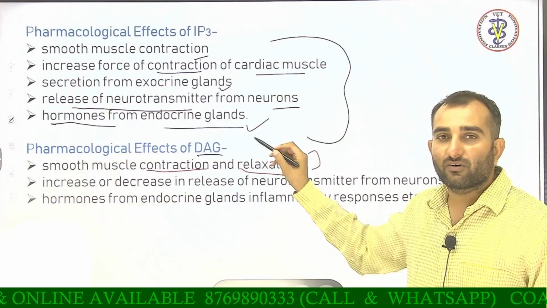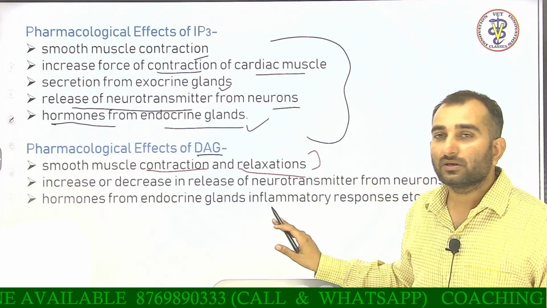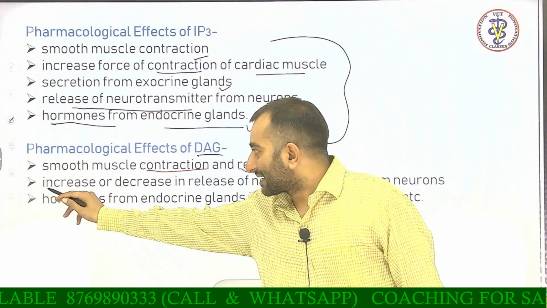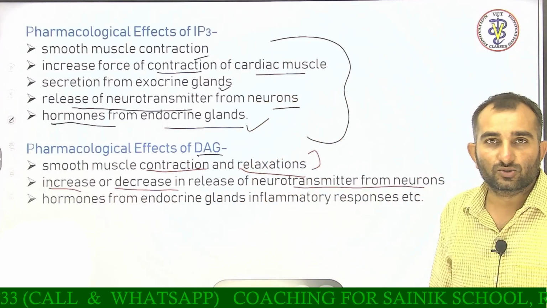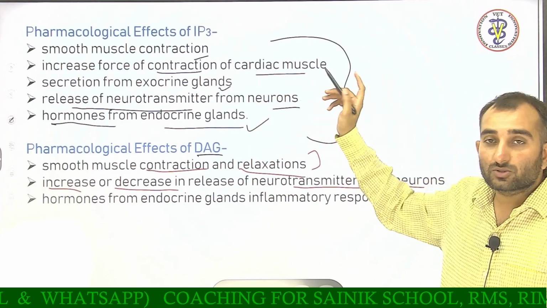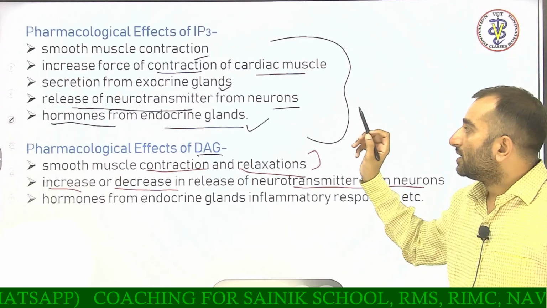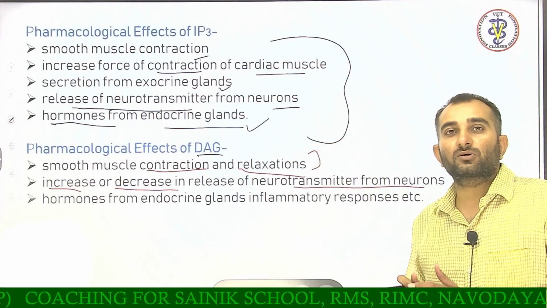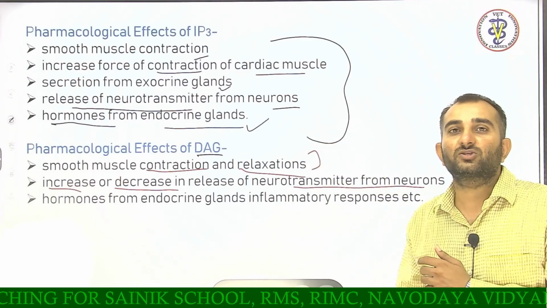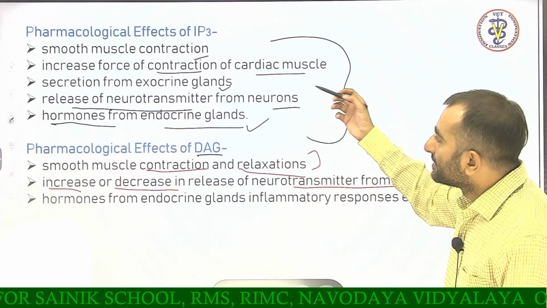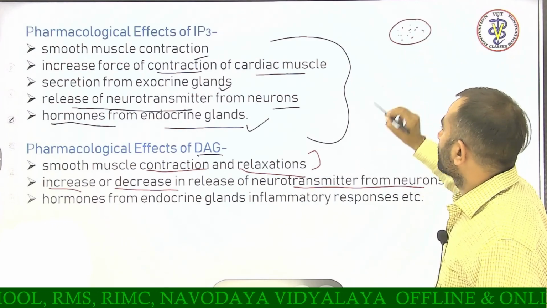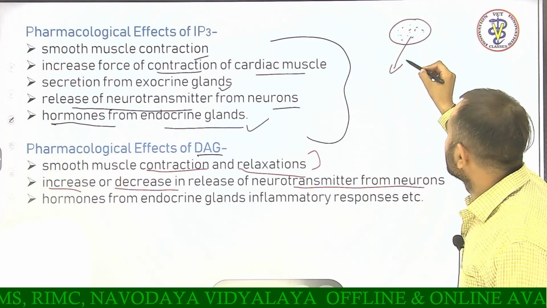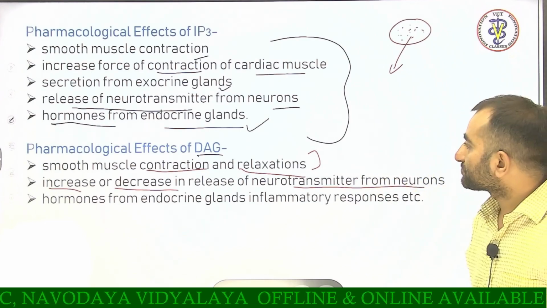Relaxation is mediated via the DAG system, not the IP3 system, and it can also increase or decrease the release of neurotransmitters from the neurons, because the IP3 system works only through calcium. So calcium causes contraction in the smooth muscles and in synaptic vesicles, because neurotransmitters are stored in the synaptic vesicles, and after contraction they can be released from the synaptic vesicles.